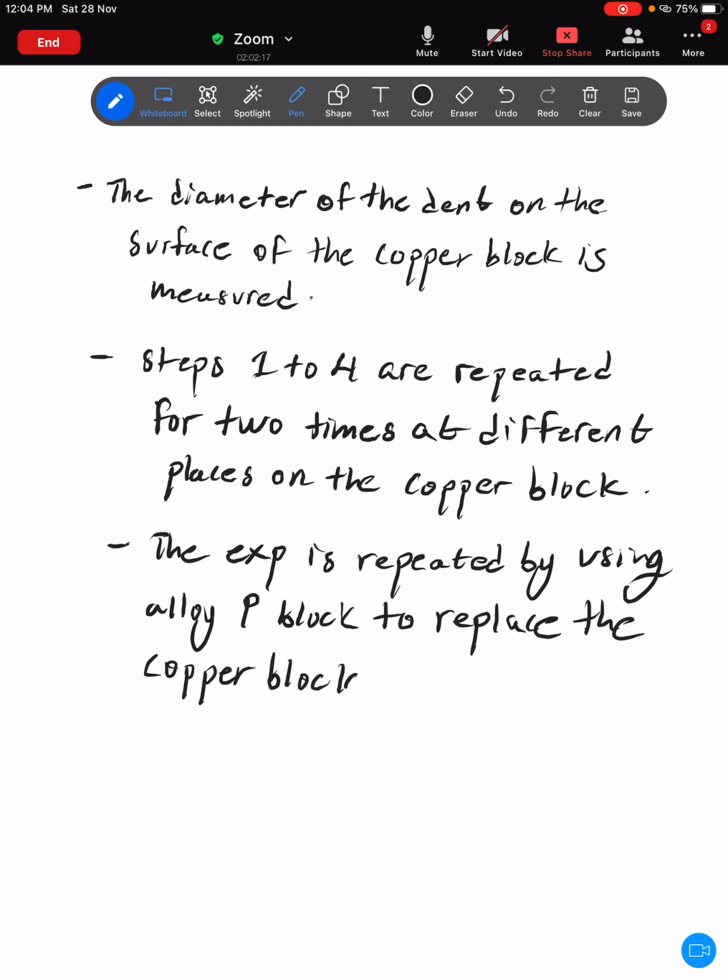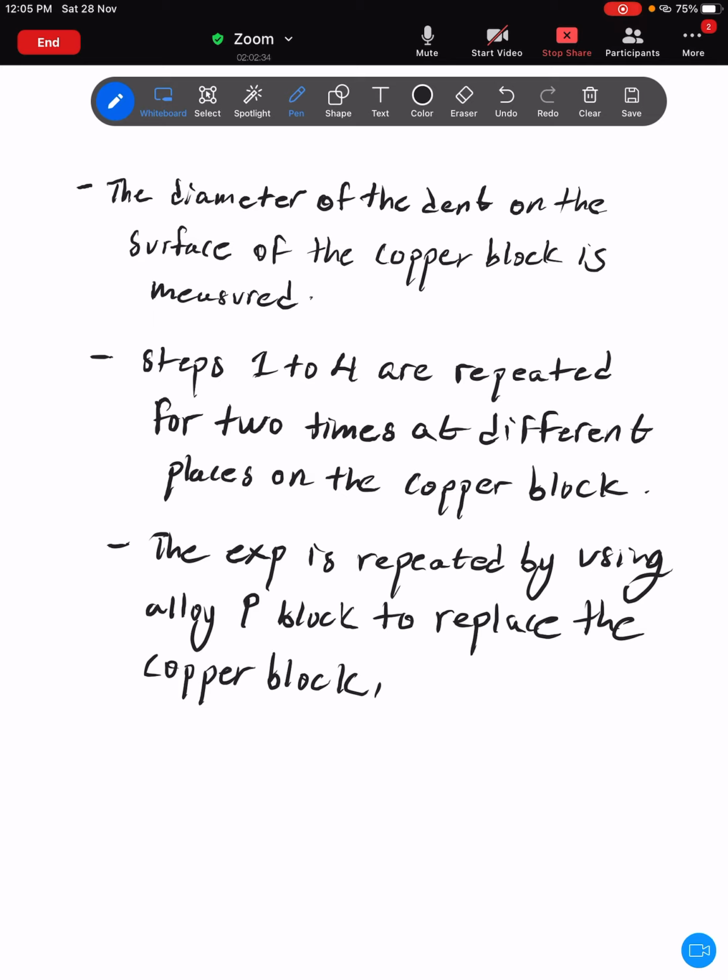Nampak tak guys, section C ni saya jawab macam mana? One by one, word by word. No short form at all. You should answer like this during your SPM. This is the method.